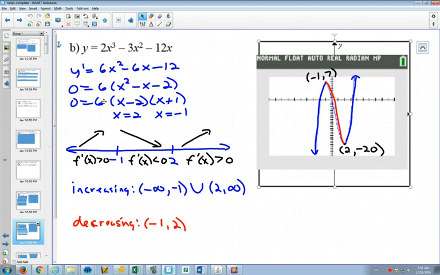And in this section for sign diagram, again, you don't have to write f prime of x greater than 0. If you just write positive, negative, positive, that's fine. So we can see the intervals where it's increasing and the intervals where it's decreasing.